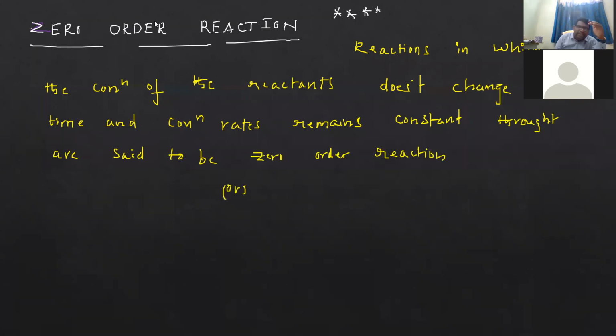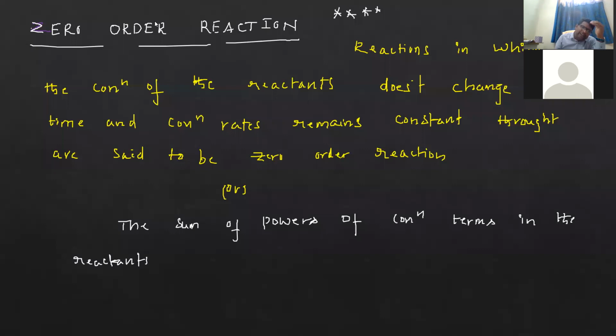This is simple. The sum of powers of concentration terms in the reactants is zero, that means M plus N equals 0.